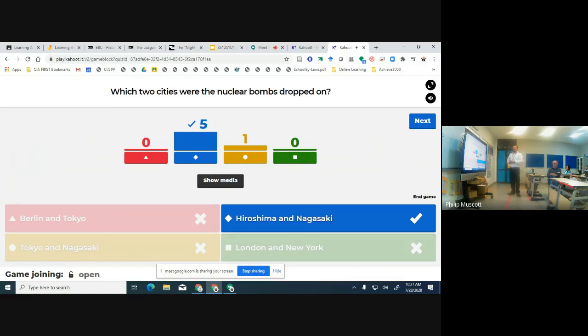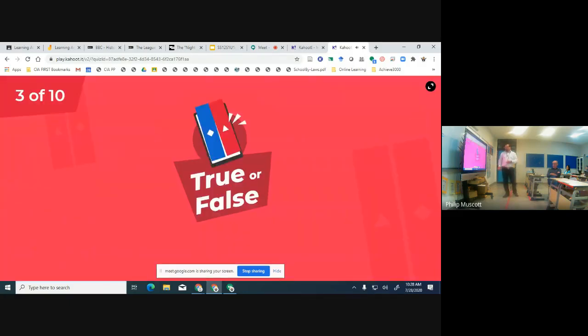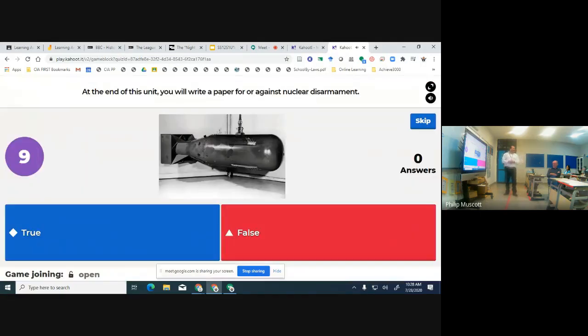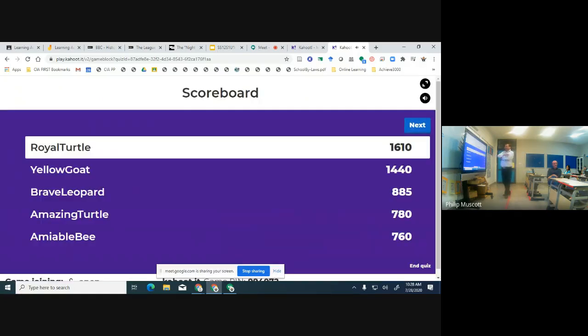Hiroshima and Nagasaki. Which 5 of you got correct? At the end of this unit, you will write a paper for or against nuclear disarmament. That is true. Which 3 of you got correct?